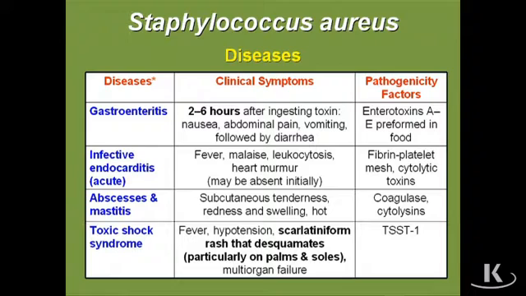Now what I want to do is just look at some of the different diseases that are caused by Staph aureus. I already mentioned gastroenteritis. We said it was probably one of the most common causes of foodborne bacterial-ish gastroenteritis. And the reason I say ish is because staph gastroenteritis is what we call an intoxication. So what does that mean? That means that you did not ingest live bacteria, you ingested the toxin.